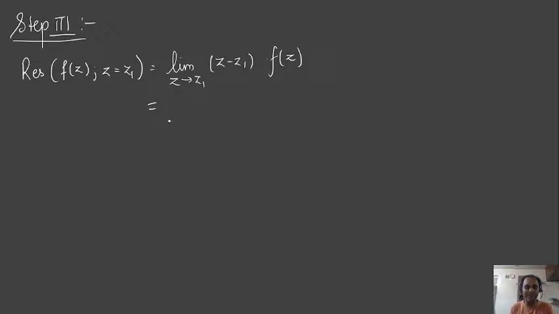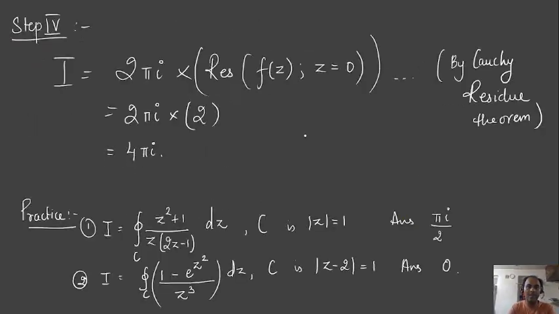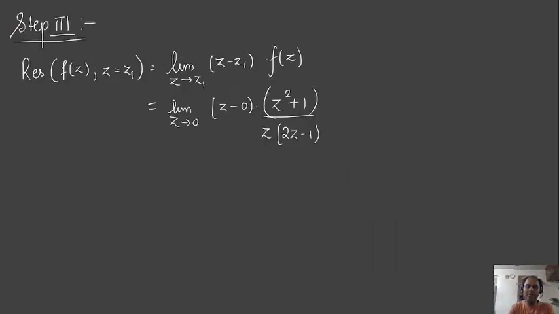What is residue at the end of the day? Here when you substitute, limit z tending to 0 of (z - 0) times f(z), where f(z) is (z^2 + 1) / (z(2z - 1)), that's the question. When you solve, the z gets cancelled.